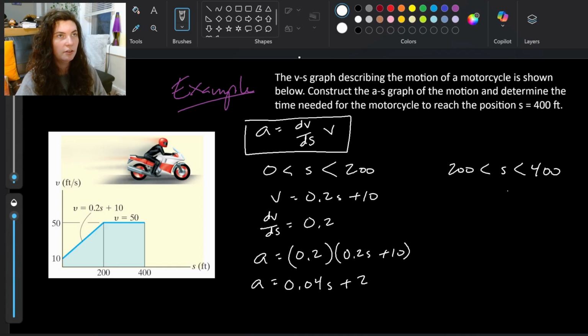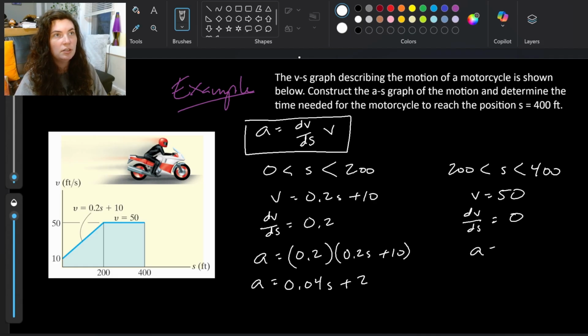We'll plot that in just a minute, but let's go ahead and do our other function, from 200 to 400. There we're given that v is a constant. v is 50 feet per second. So since v is 50, the derivative of v with respect to s is just 0, right? Constant velocity, we should know, means no acceleration.